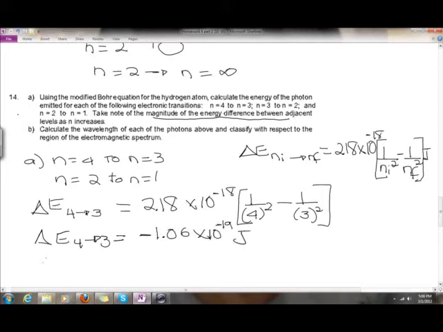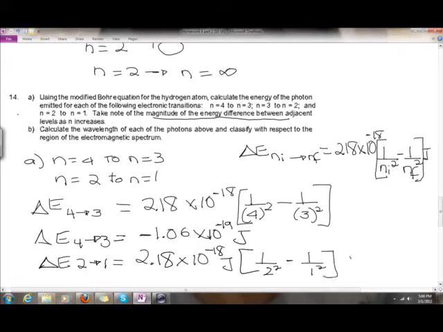Now, what is the value for the energy level from 2 to 1? It is equal, again, to 2.18 by 10 to the minus 18 joules multiplied by 1 over 2 squared, because that's the initial state, minus 1 over 1 squared joules.